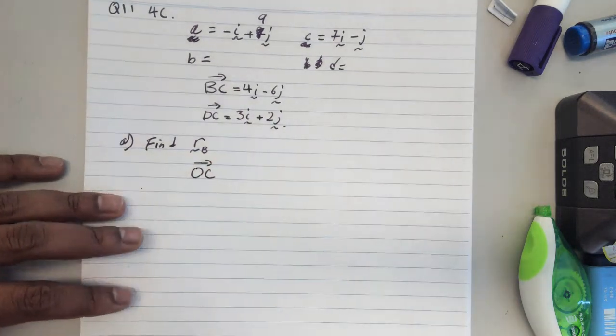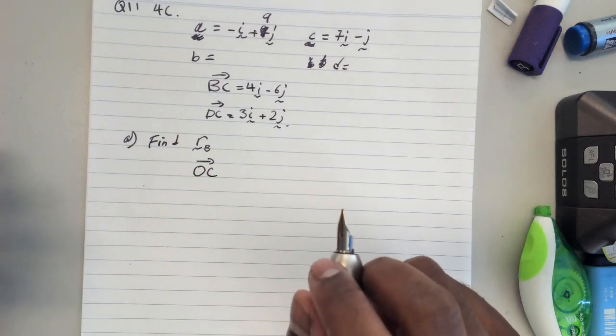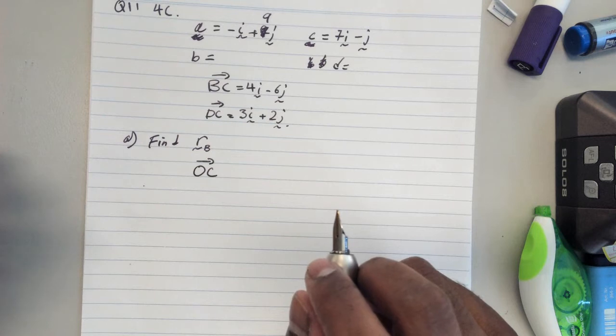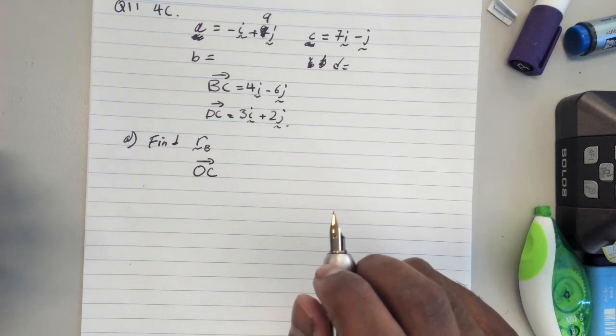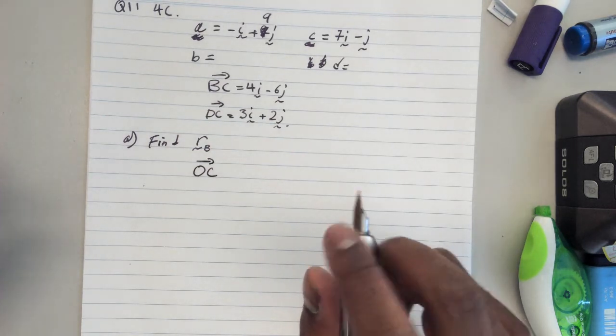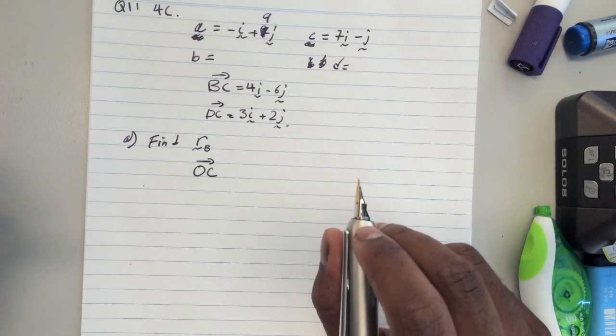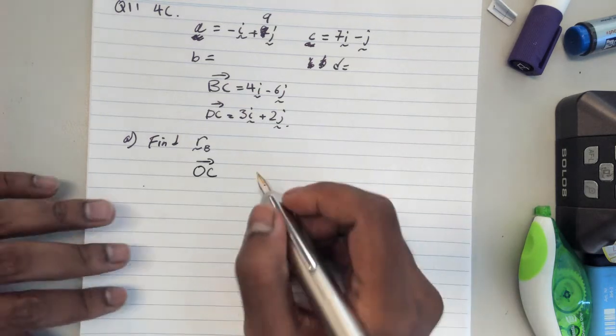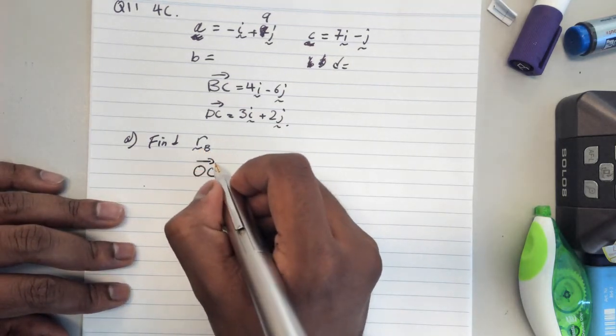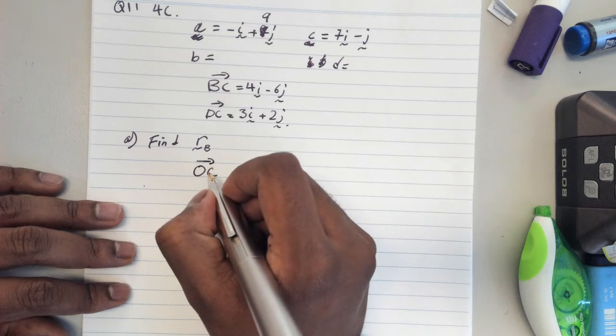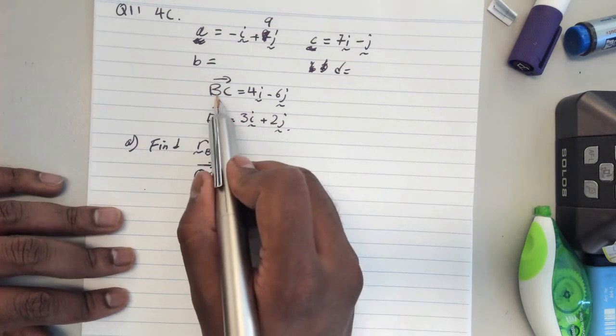Why have I picked OC? Okay, so we're doing question 11, 4C. We're finding position vector B, and I've picked OC because they've also given us BC.